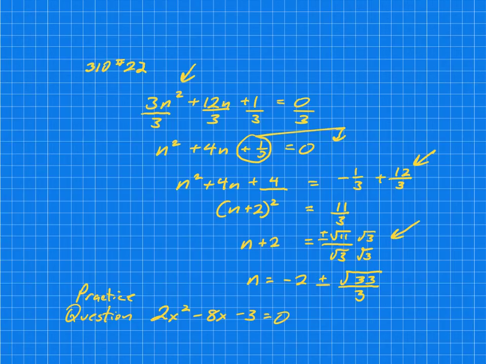This is the question that I want you to practice. Let me see if I can highlight that for you. What I want you to do right now is go ahead and pause, and once you feel you have the answer, I'll write the correct answer, and hopefully you'll get it right.